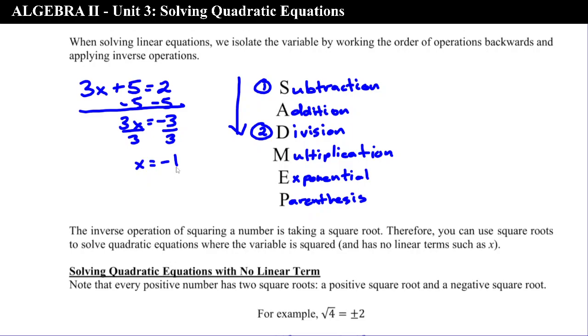If we wanted to get rid of something that was added, we had to do the inverse of that and subtract. If we wanted to get rid of something that was multiplied by the x, we had to do the inverse operation and divide. Well, the inverse operation of squaring a number is taking the square root. So therefore, we're going to use square roots to solve a quadratic equation because we do have an x squared term, and we're going to have to get rid of that square on the x to finally solve for x.